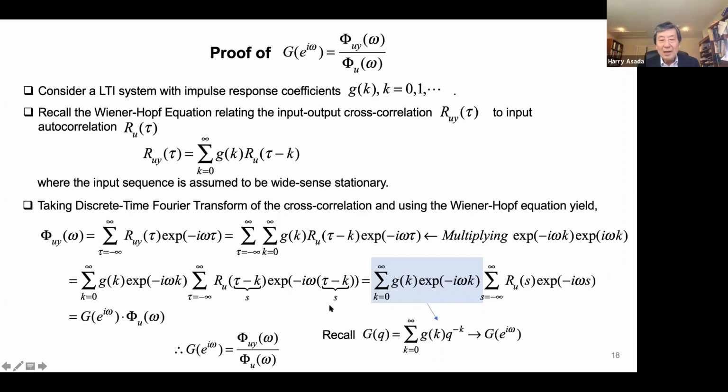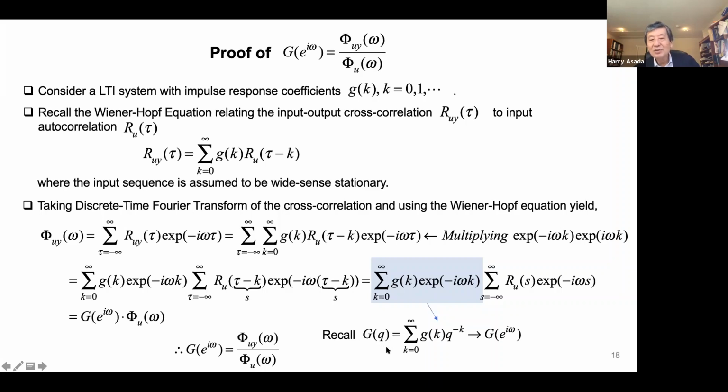Okay. Now let's look at this term. I just copy it here. So g_k exponential minus i omega k. g_k is the impulse response, right? So let's recall G(q). q is the time shift operator.